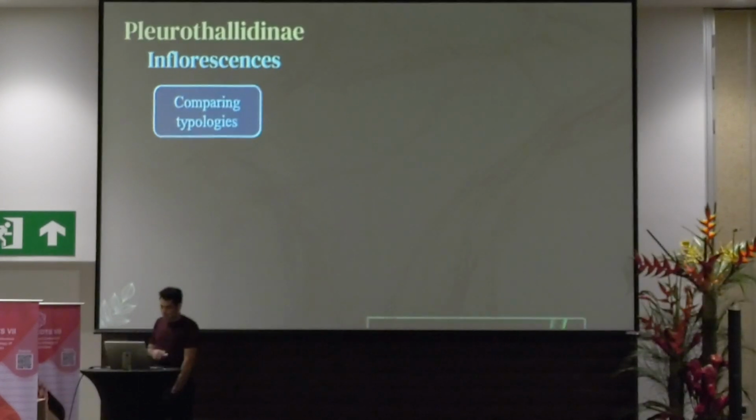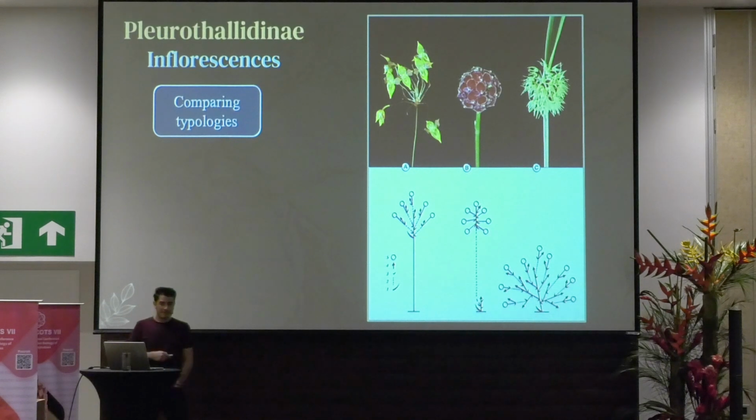So we study this typology, we get something like this. As a reference for you, here I show you where the spathe of the inflorescence is. And as you can see, by following the position of the spathe, you can see that they have completely different typologies.